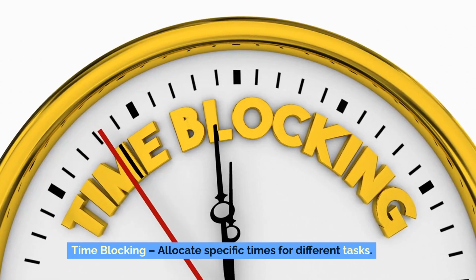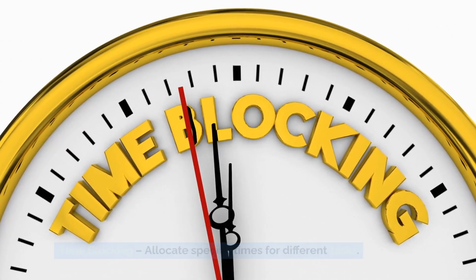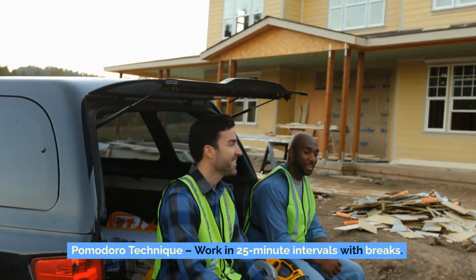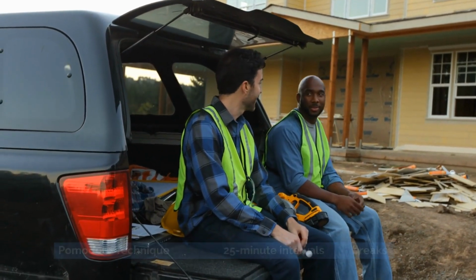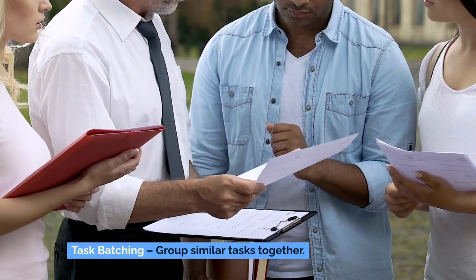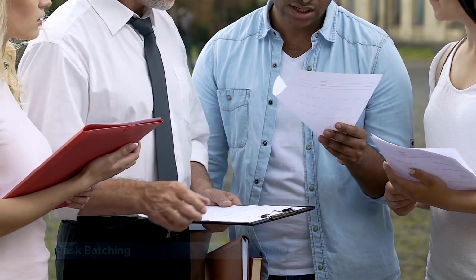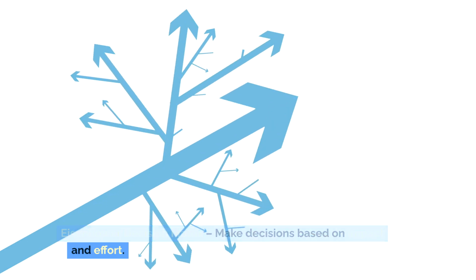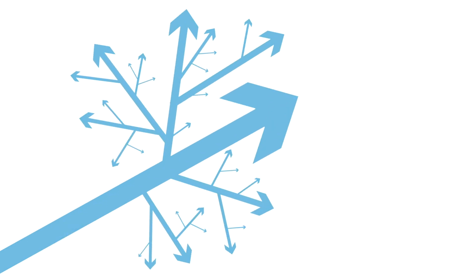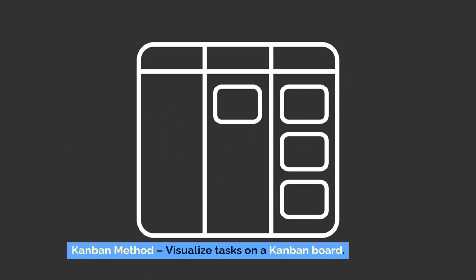Time blocking: allocate specific times for different tasks. Pomodoro technique: work in 25-minute intervals with breaks. Task batching: group similar tasks together. Eisenhower decision matrix: make decisions based on impact and effort. Kanban method: visualize tasks on a Kanban board.